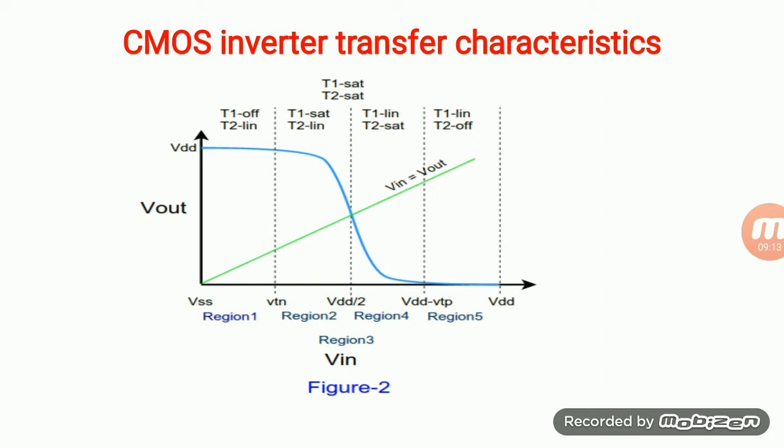Vin equal to 0, output becomes 5 volts. Coming to the last stage, Vin equal to 5 volts, Vout becomes 0. Vin equal to 5 volts means PMOS will be off, NMOS will be on. NMOS on means the output is connected to ground. So whatever voltage is totally grounded, and the output becomes 0.